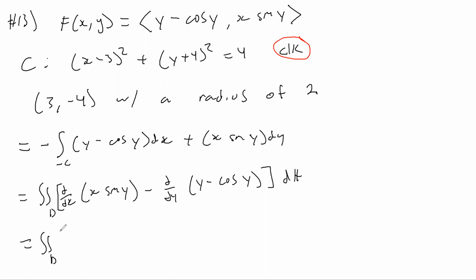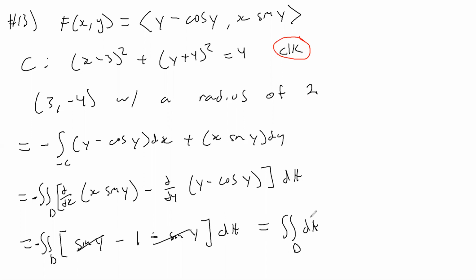If we compute the partial derivatives, we get sine y minus 1 minus, sorry, I forgot the negative in front. The negative carries on from this. Sine y minus 1 minus sine y. What we notice is that the sine y's cancel out, so we're just left with the double integral over D of dA.